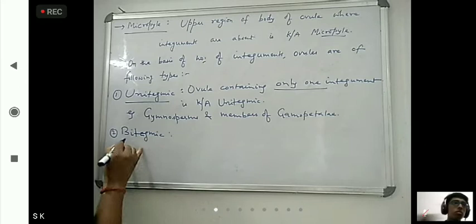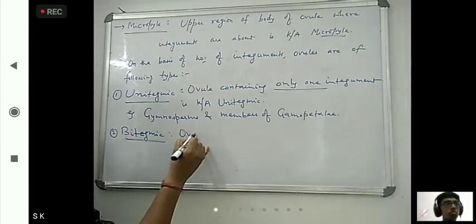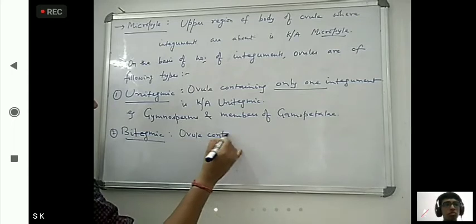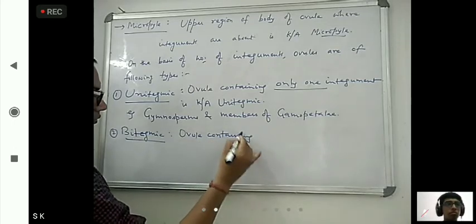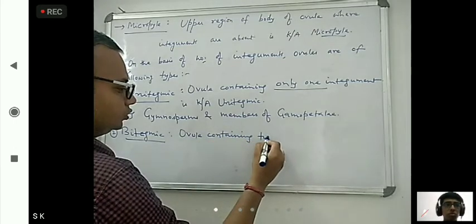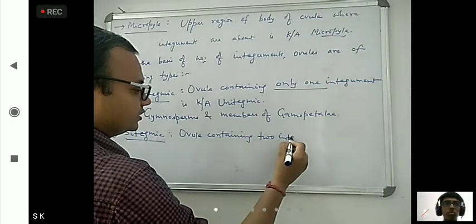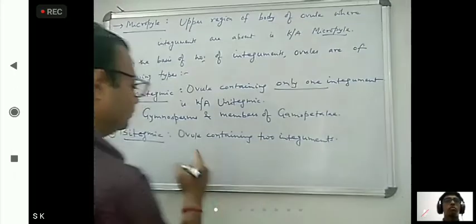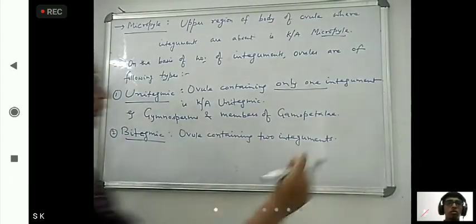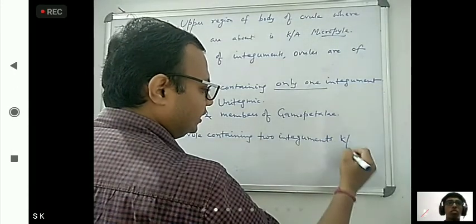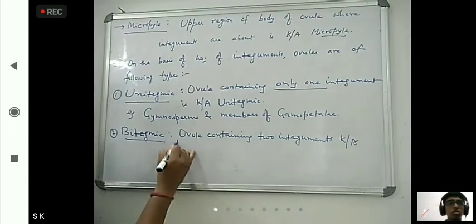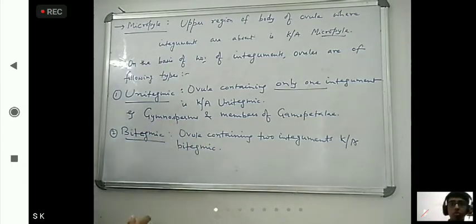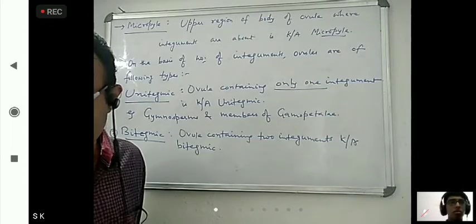Ovules containing two integuments are known as bitegmic. And what will be the example for that?